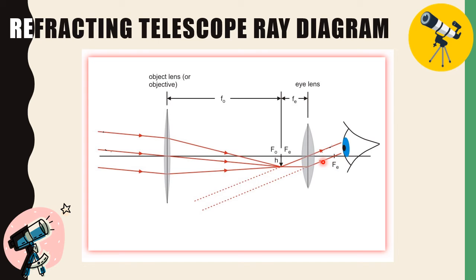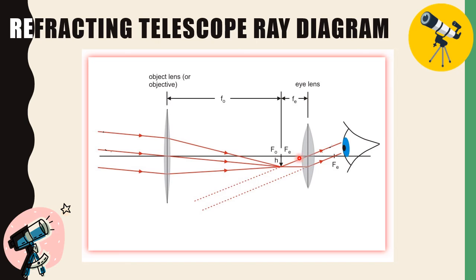Basically, the objective lens produces the image of a distant object at its focus. So in this diagram, you will see FO as the focal length of the objective. The image of the distant object will be formed at FO, which is the FE of the eyepiece, that means FO and FE coincide.